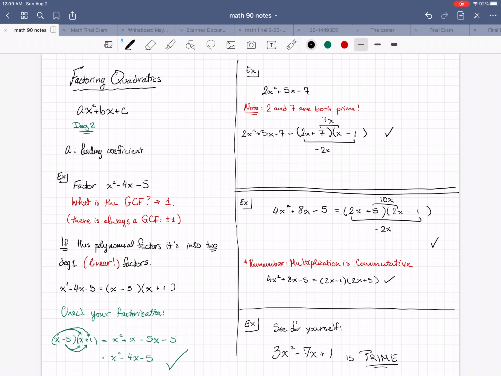Meaning that it is not possible to meaningfully break it down any further. The only way to break it down is 1 times itself or -1 times the opposite of itself. So play around with it, using the techniques that we use in the rest of the lesson. See if you can come to that conclusion, see if you believe it. If you don't believe it, ask me about it.